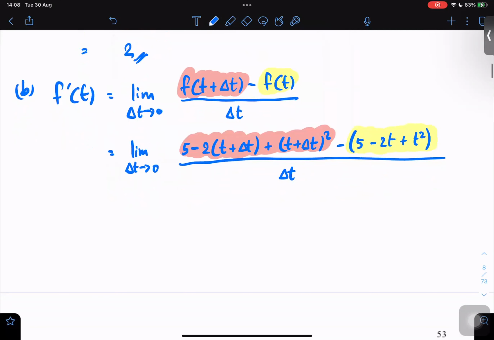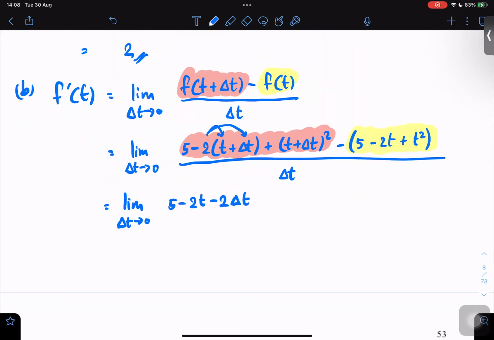Okay, now try to calculate this one, right? It becomes 5 minus 2t minus 2 delta t. I distribute this one.